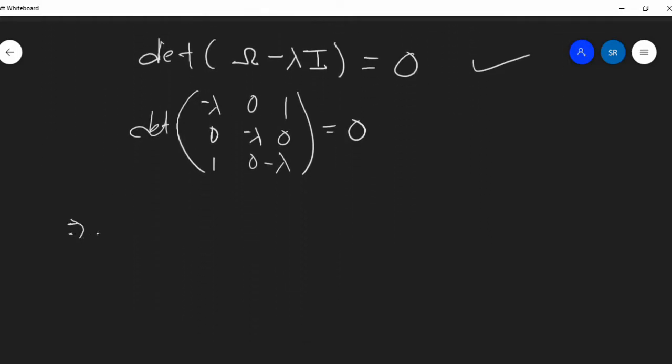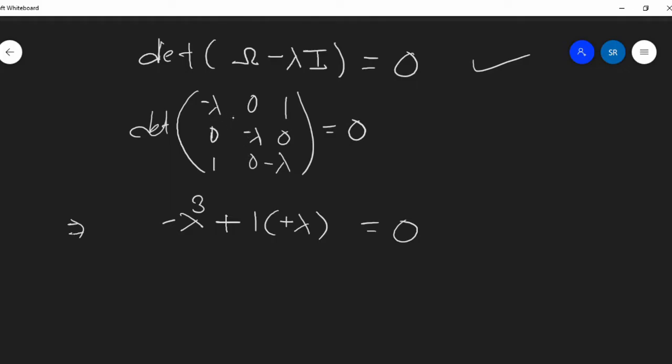Cool. So this gives us minus lambda cubed plus 1 times lambda. How did we end up with this? Let's trace back a bit.